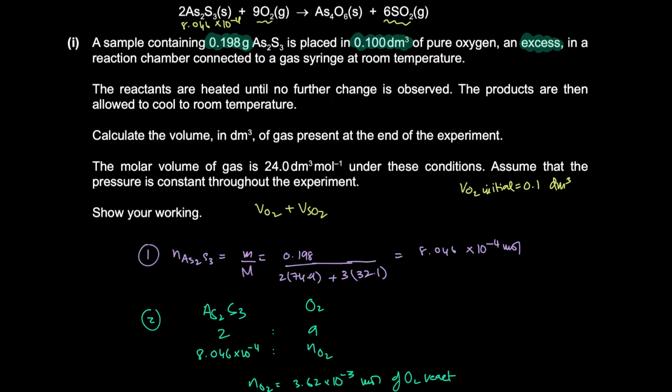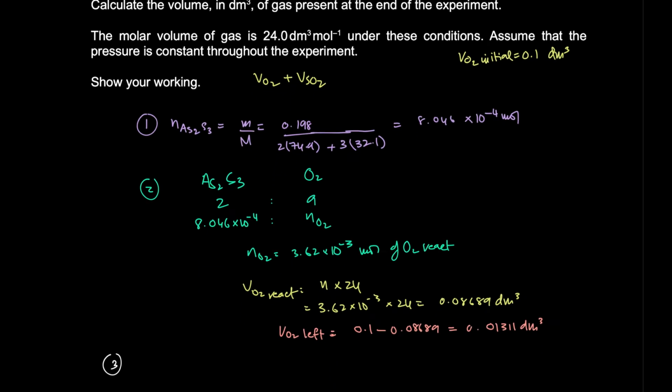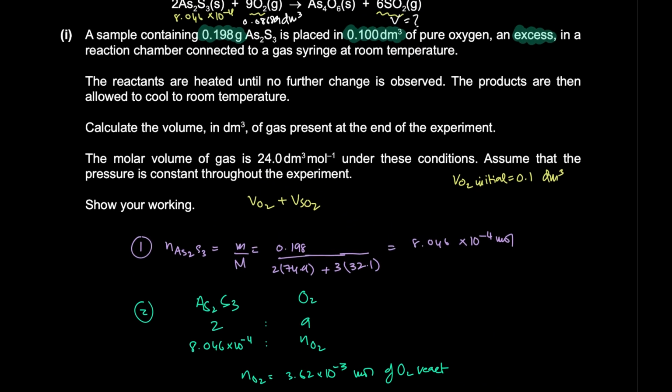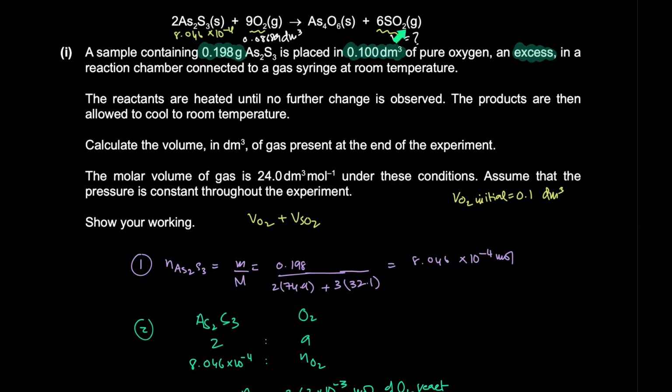So if we had 0.08689 decimeter cube of oxygen reacting, what's the volume of sulfur dioxide that was produced? For every 9 moles of oxygen that react, 6 moles of sulfur dioxide are produced. That's given to us in the equation.